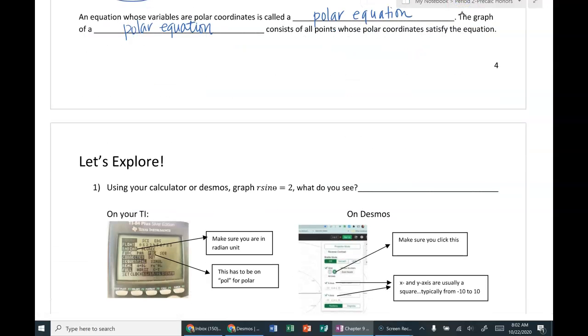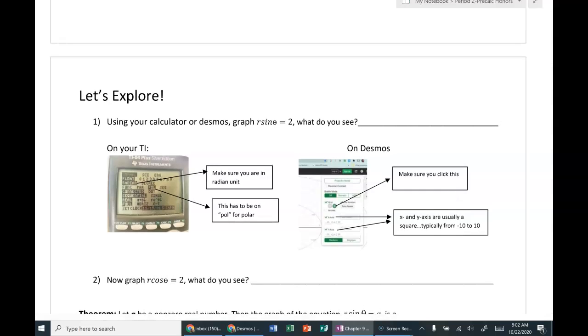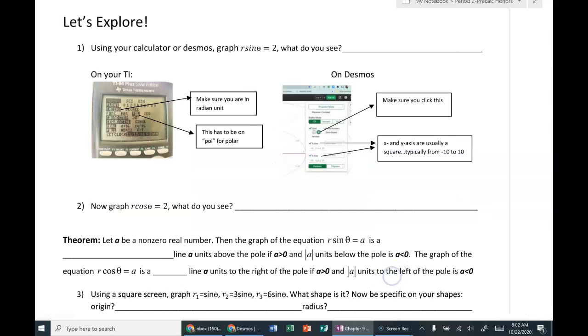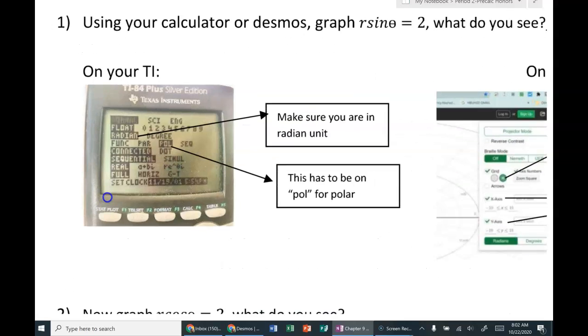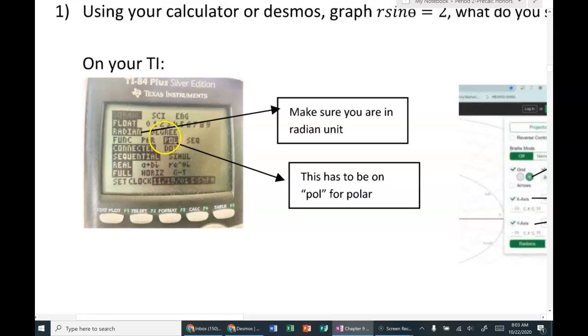Now we will be graphing polar equations on the calculator or Desmos. So it says here, let's explore using graph r times sine of theta equals 2, and then what do you see? Now before you take out your calculator, make sure you change it to polar format here and make sure you're in radians. So go ahead and take out your calculator, change that out.